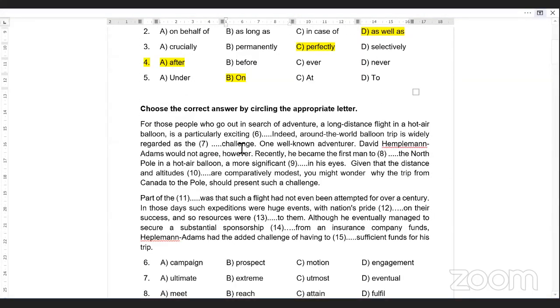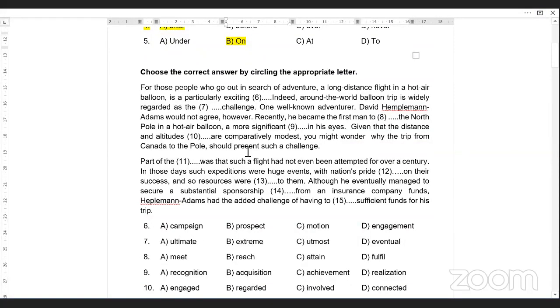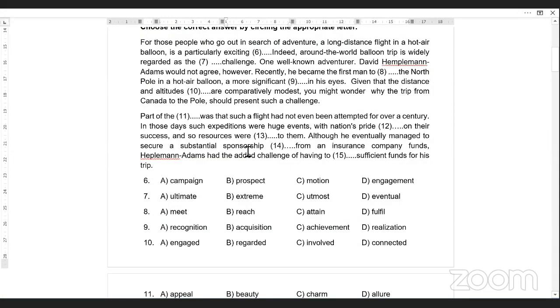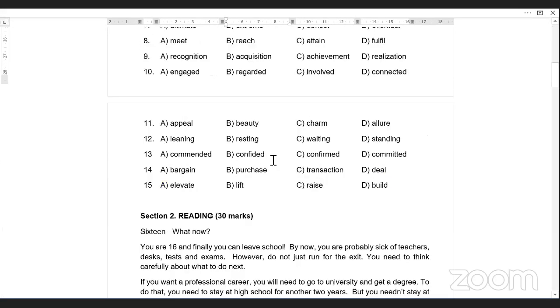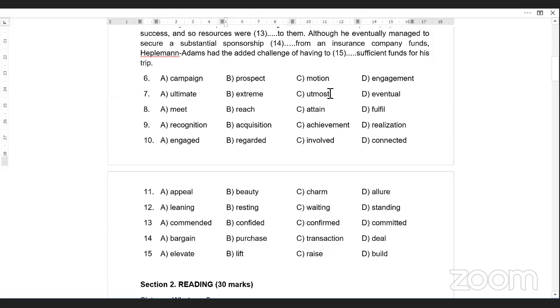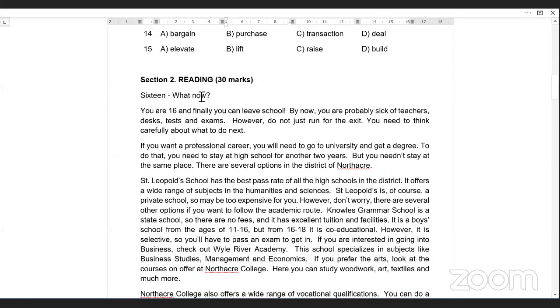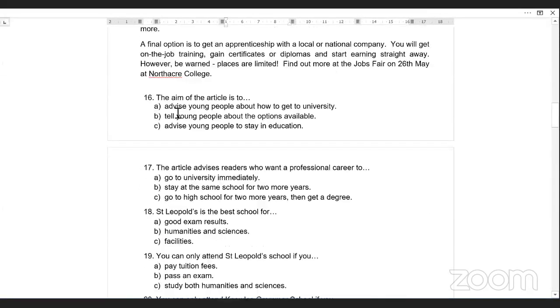I will give you a tour through this version. Guys, can you turn off your microphones if you're not speaking? Okay, in use of English, you will have 2 readings where they check your vocabulary and grammar also. And in the actual reading part, you will have multiple choice questions.